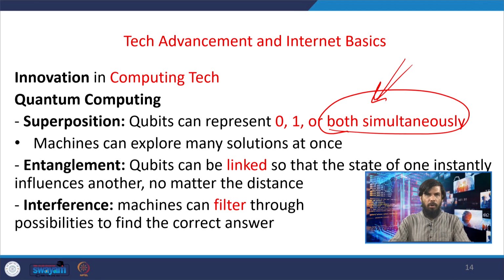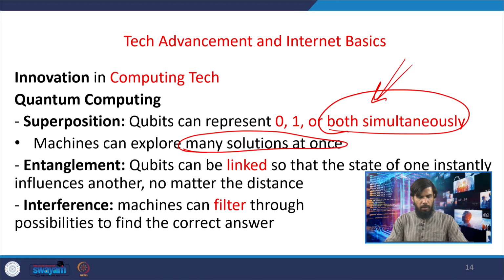Machines can explore many solutions at once, because of this state, and so the computing capacity goes up because of the extra state that can be managed through quantum computers.